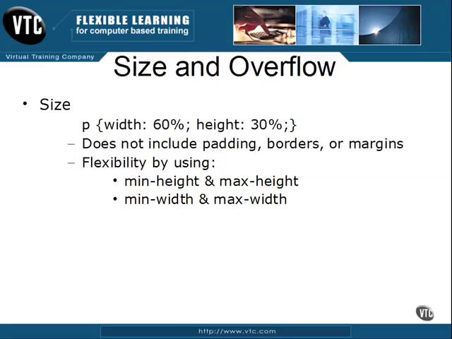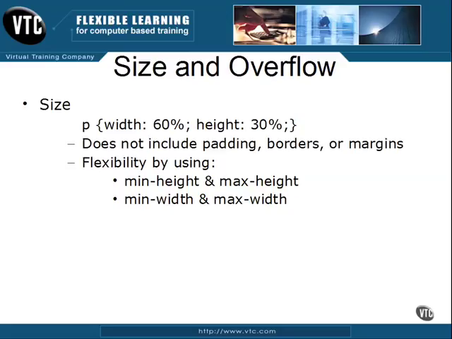So if our overall purpose is to make sure that our designs are as flexible as possible, we may want to end up implementing our min and max height and width. Now, when we set up our content region size, such as what we have here with our paragraph, with our width being 60% and our height being 30%, we may end up having something that happens where our content is actually much larger than the area that we have designated.